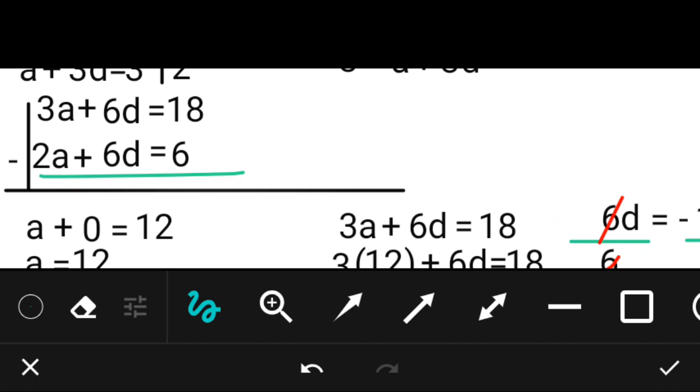So the formula for the nth term, we've already done that one, so there's no need of doing that one. It's the same procedure. There's no other method you can use to find the formula for the nth term. So I just wanted to show you how you can find the common difference and the first term using the simultaneous equation.